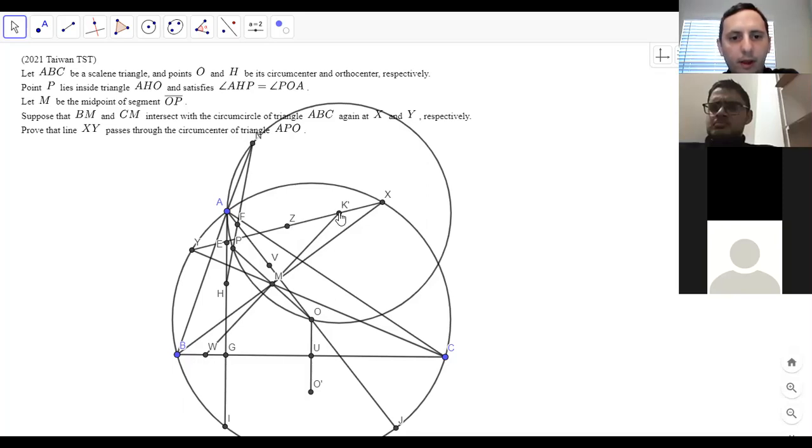Do we want to just let K be the center instead of where the perpendicular bisector meets? I'm not sure. And then we could just show that if you reflect it over OP, it lies on BC.